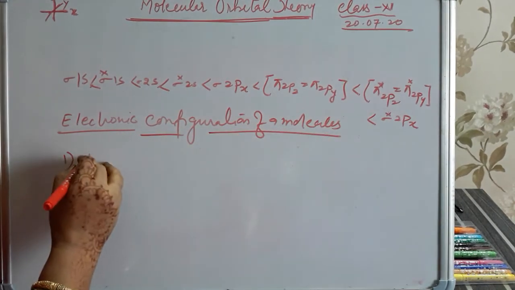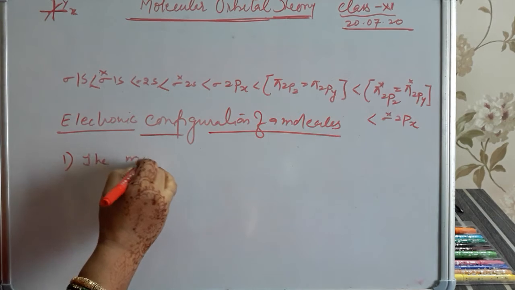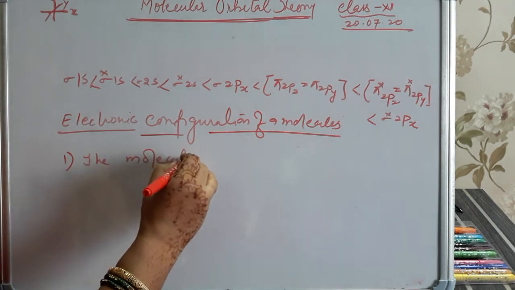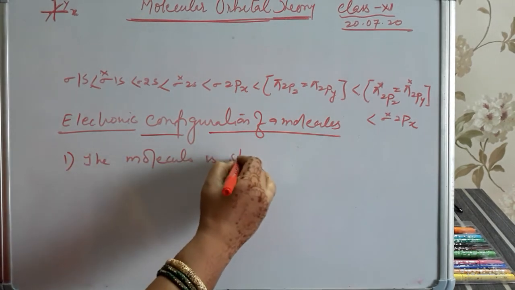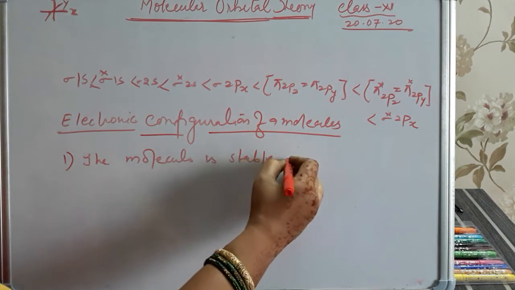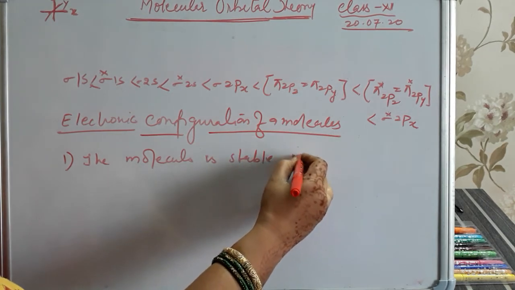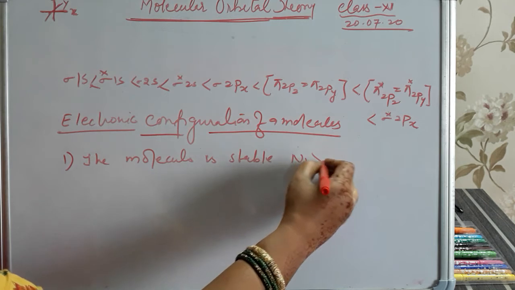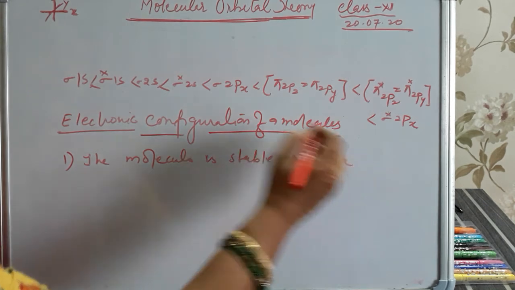Suppose the molecule is stable when NB, the number of bonding electrons, becomes greater than anti-bonding.